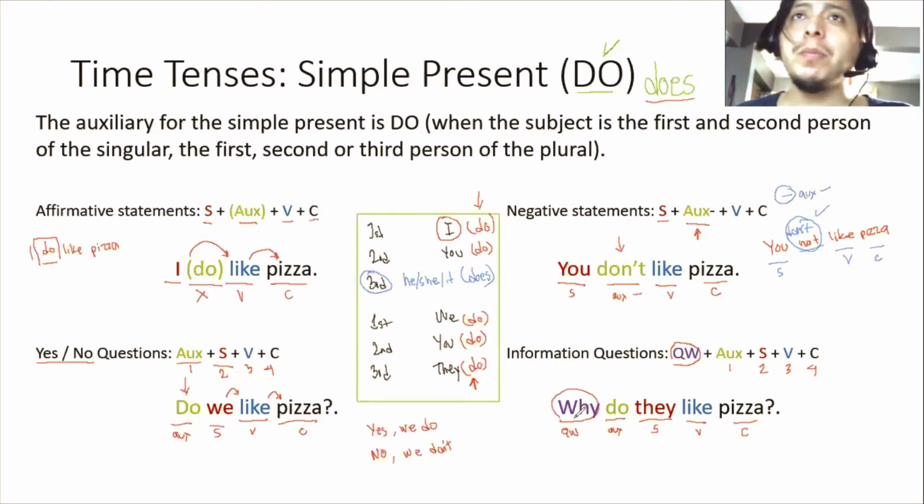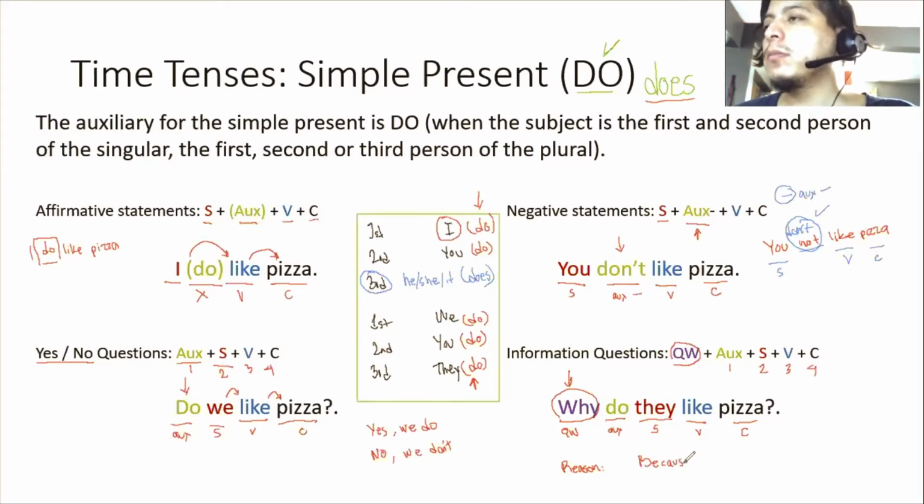We have multiple different question words: why, when, what, how many, how much, how often. The type of information you receive depends on the question word you use. When you ask why, you're asking for the reason, so the person has to say because blah, blah, blah.